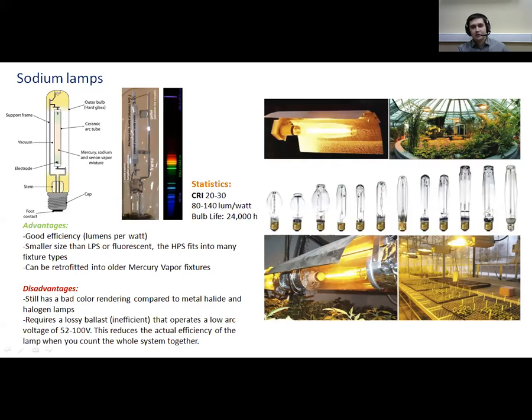So in general, unfortunately for plant growers, the light requires a lot of power to run effectively and produces a large amount of heat, in addition to hazardous levels of carbon dioxide emission.